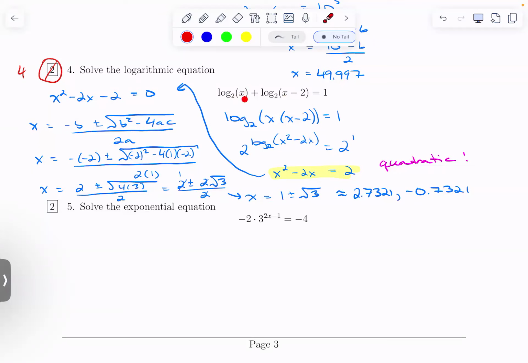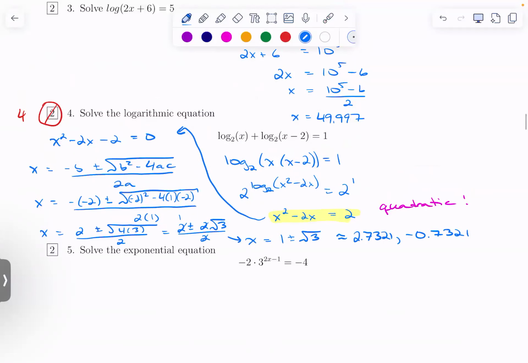So then x has to be greater than 0. And x minus 2 has to be greater than 0, but that means x has to be greater than 2.